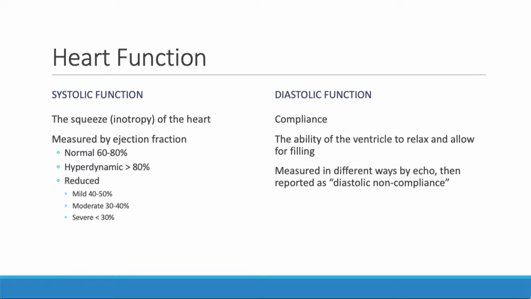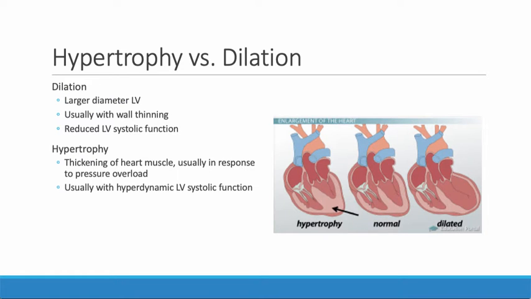It can't relax either. It can't just sit still and relax and fill. And so that is what we're talking about with diastolic function. The ability of the heart to relax, which in turn allows it to fill very well, okay? We report this on the echo by talking about the diastolic compliance. There's grade 1 diastolic dysfunction, grade 2 diastolic dysfunction, those kind of things.